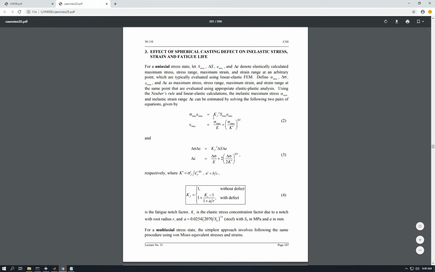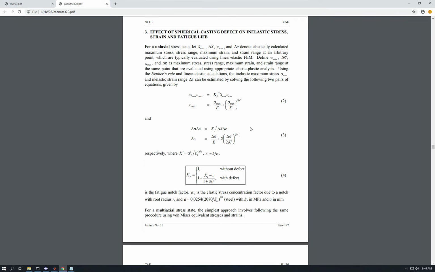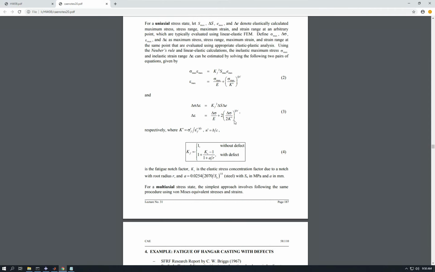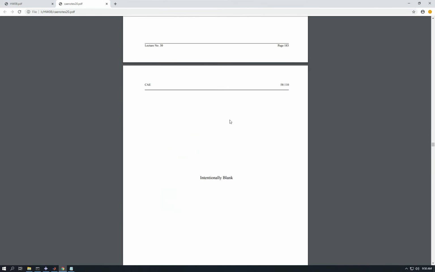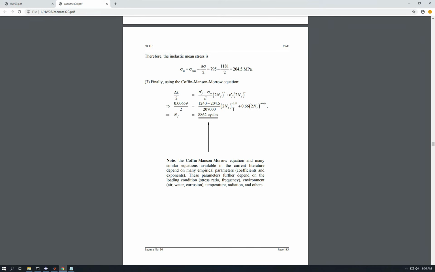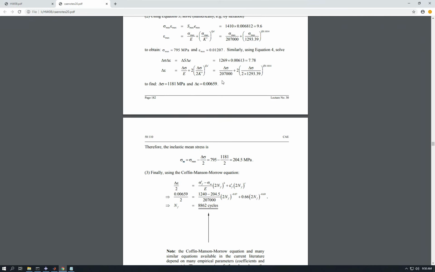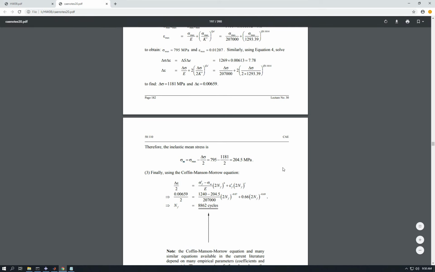That notch factor that was on the problem statement comes here, squared, and this equation changes, and also this equation, so you have to calculate all these based on these new equations, and then again put it in the Ramberg-Osgood calculation, this one, the Coffin-Manson, and again calculate the new number of cycles, which must be lower than that because you have some defect.